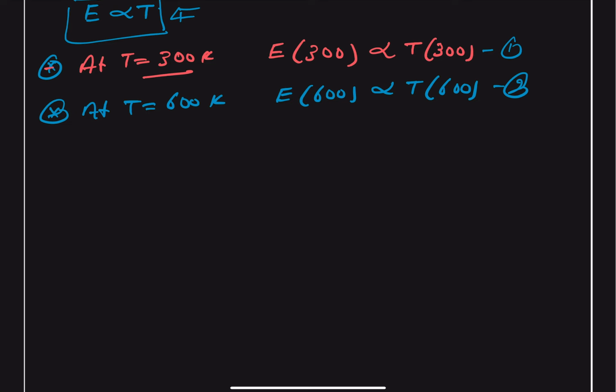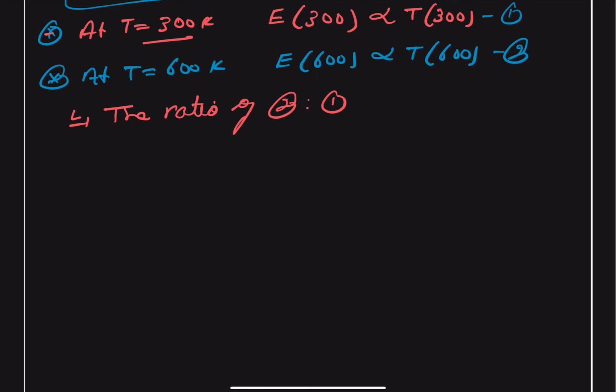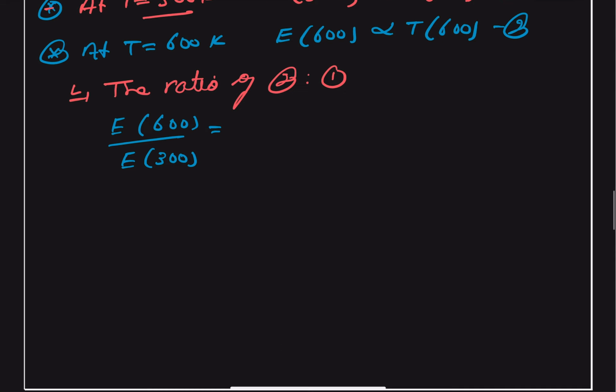So dividing 2 by 1, or finding the ratio, we can write that energy at 600 Kelvin divided by energy at 300 Kelvin is equal to temperature at 600 Kelvin divided by temperature at 300 Kelvin.